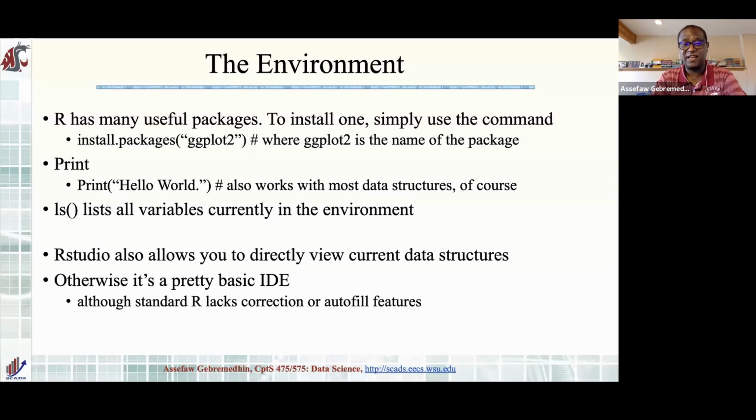What it doesn't have, as Helen pointed out, and I'm not sure you always need it, is autocorrection or autofill features. So whatever you do will be on your own. Sometimes you might see a disadvantage when things are automatically completed. But for those of you who write LaTeX, for example, some of the newer development environments fill in the rest of the command when you start typing, which is very convenient. You don't see that here, but otherwise, it's a very good IDE.